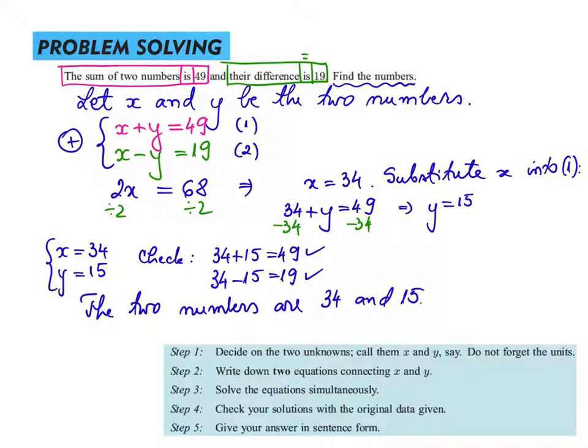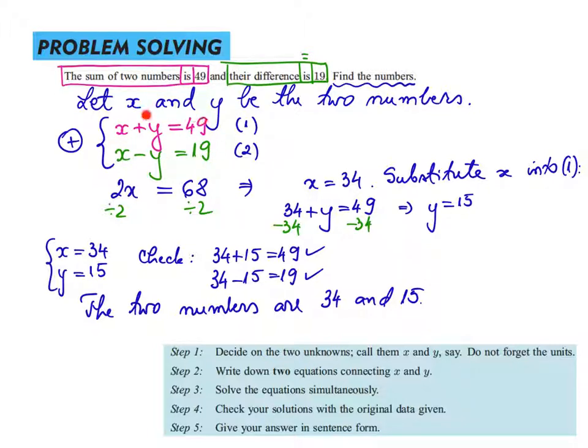And see, here we have a guide of the steps that I'm following. Decide on the two unknowns. Call them, let's say, x and y. Do not forget the units, in case we have units. So that's my first step. We start here. Write down two equations connecting x and y. If you have two variables, you need two equations.